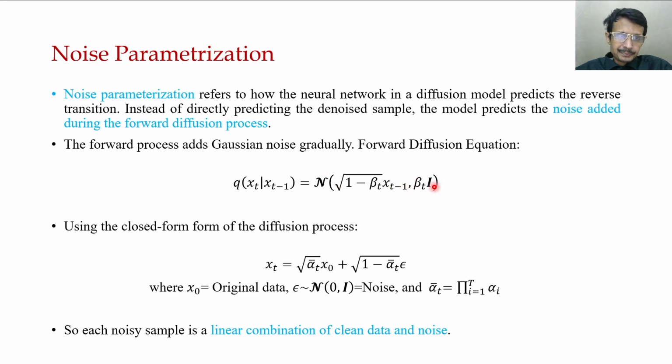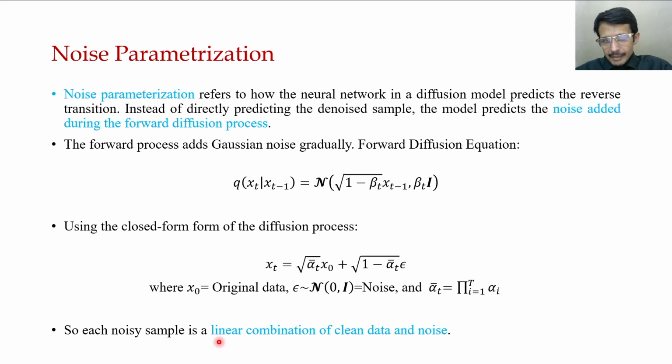Using the closed form of the diffusion process that we have seen, x t is equal to this term, where x 0 is the original data, epsilon is Gaussian noise, and alpha t is basically the multiplication of these 1 minus beta terms.